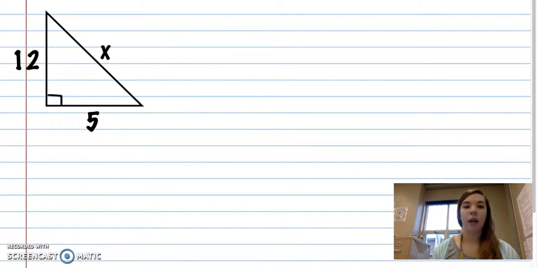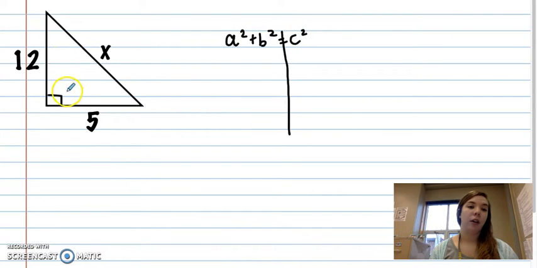All right, let's do another. So you have a squared plus b squared equals c squared. That's how you start. Your hypotenuse is across from your 90-degree angle. That's the one we're focusing on finding today. I'm going to plug in 12 and 5 for a and b. And again, this order does not matter, as long as this is c.